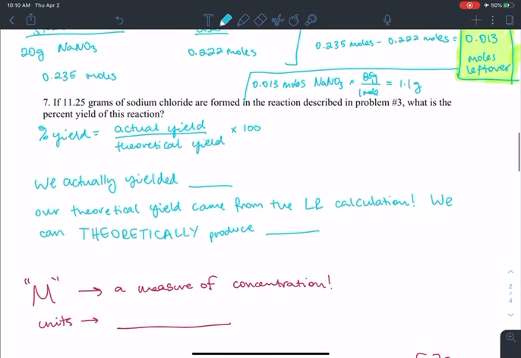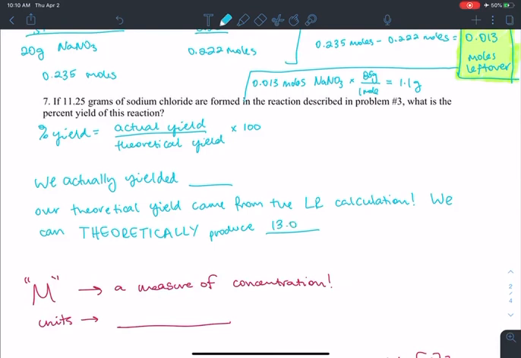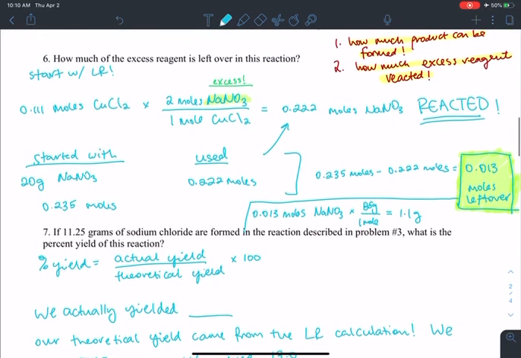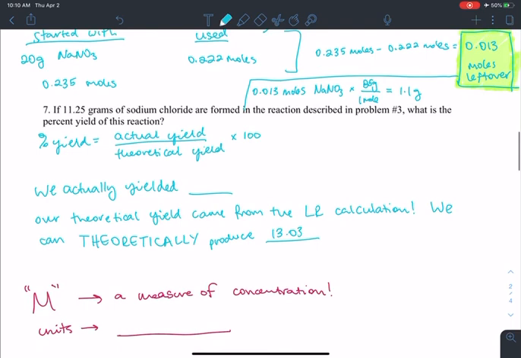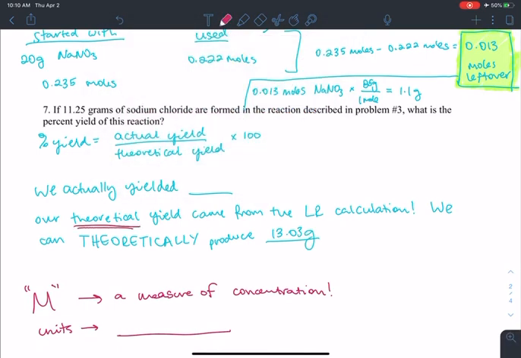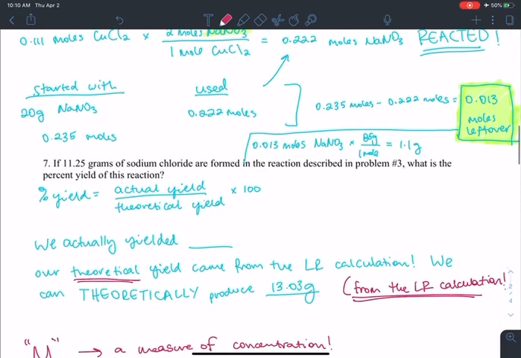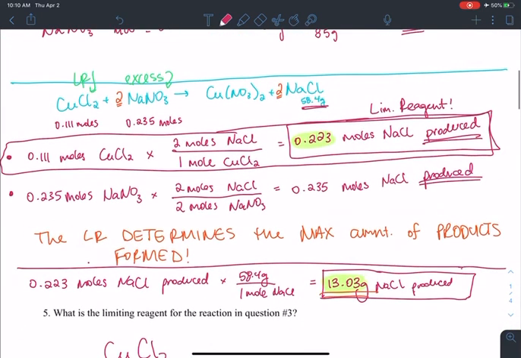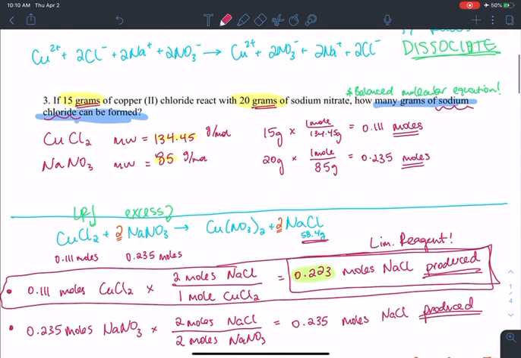That's our theoretical amount, 13.03 grams. Theoretical means we did a calculation. So this is from the limiting reagent calculation. Right? That is, if everything goes perfectly right, we're going to get 13.03 grams. And that's determined by our limiting reagent calculation. That's what's the maximum amount that can be produced, okay?